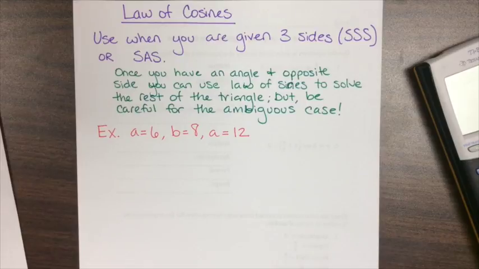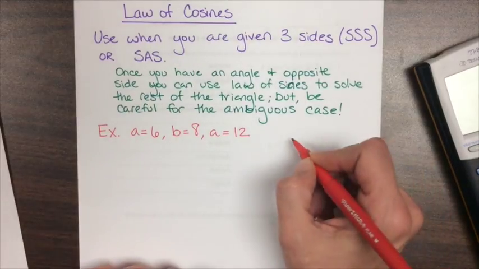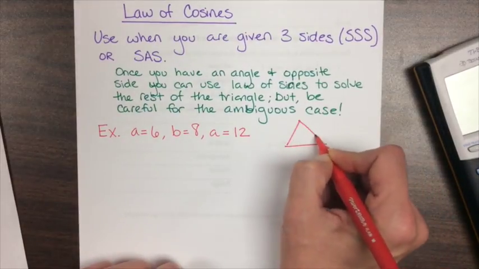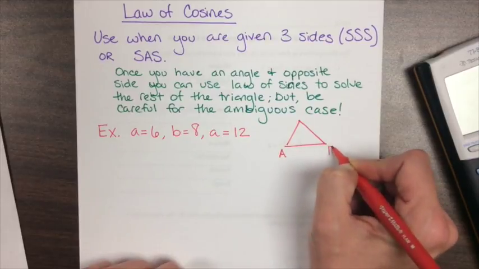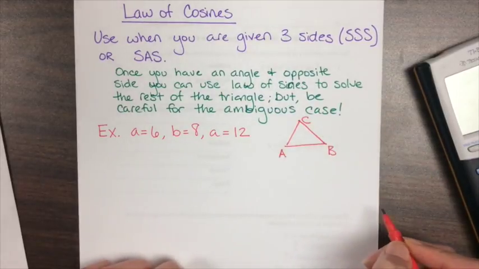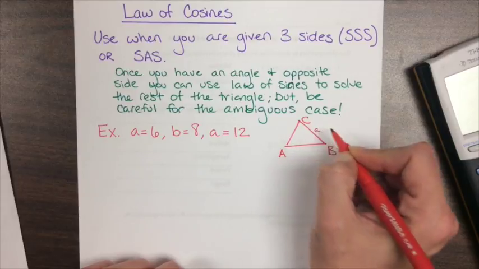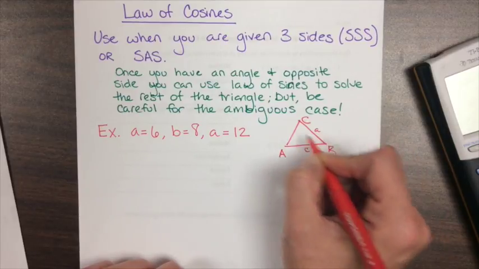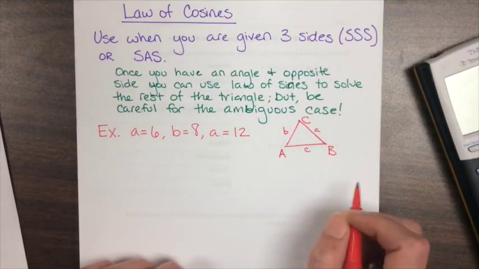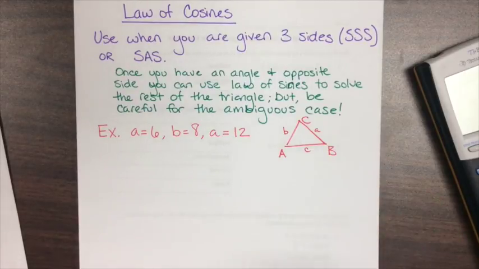Be careful though, because with law of sines comes that ambiguous case issue. Here's a tip. When you are drawing your triangle, it doesn't matter how you label the angles or what order you label them in. It does, however, matter that the sides are across from the angles correctly. Let's plug in what we know.